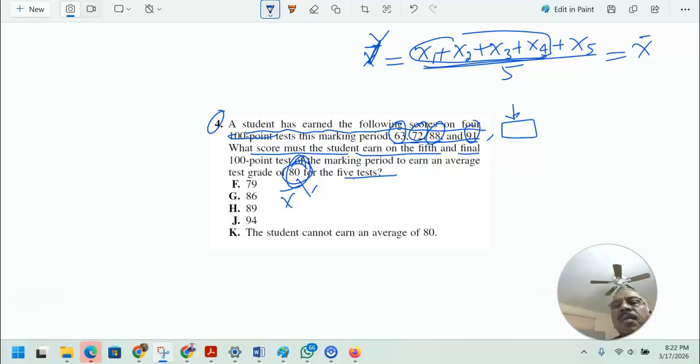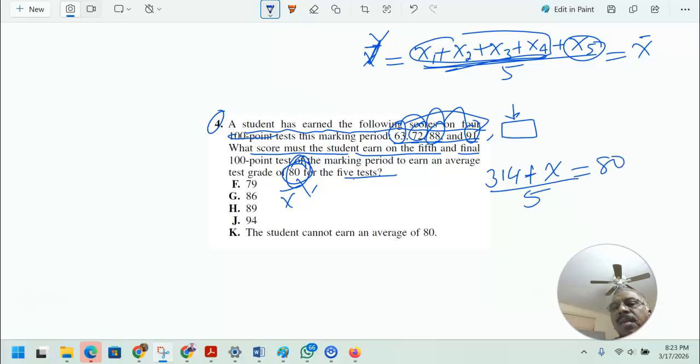So these 4 numbers you add, and when you add these 4 numbers, you get 314. So these 4 numbers add up to 314 plus this is the fifth number. I'll just put an x to avoid what is the variable, and divide by 5.